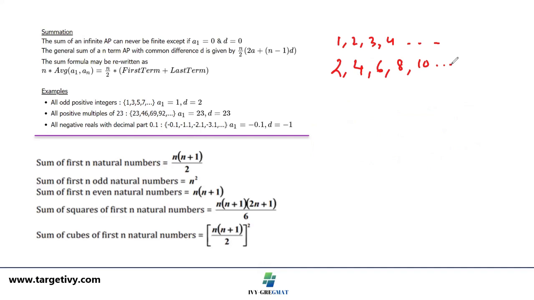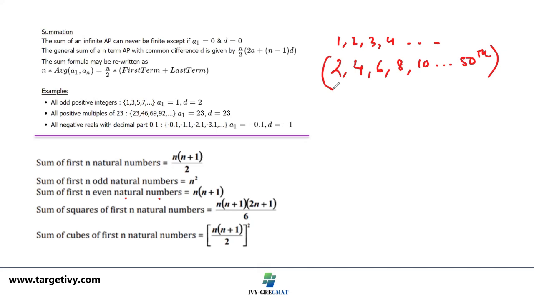The sum of first n even natural numbers. So if I go on and I'm asked, say, till the 50th natural number, what is the summation? First n even natural numbers.